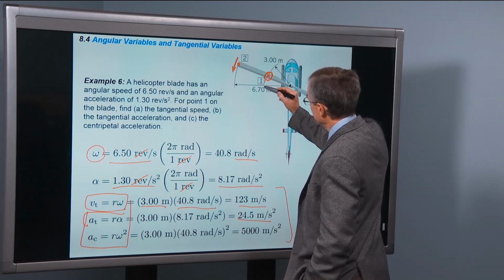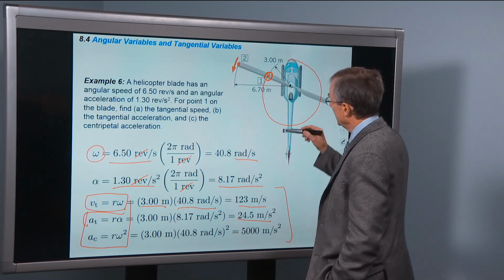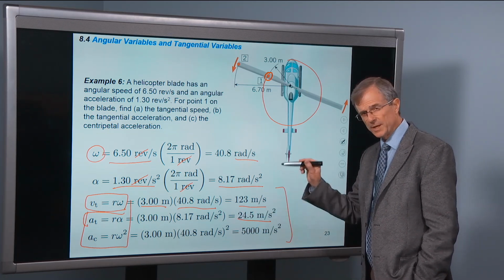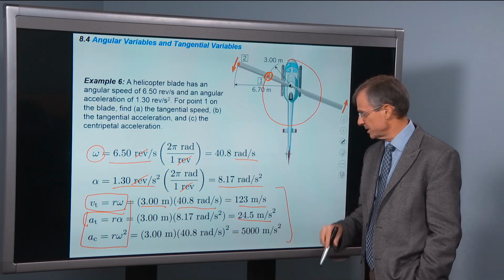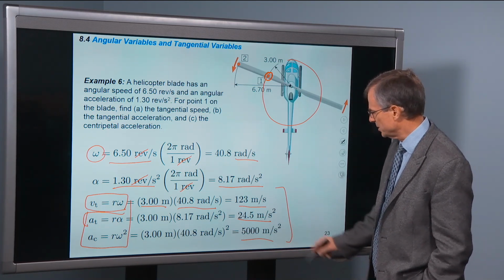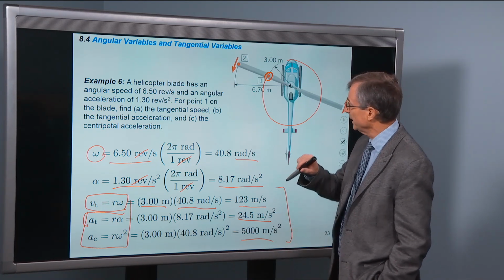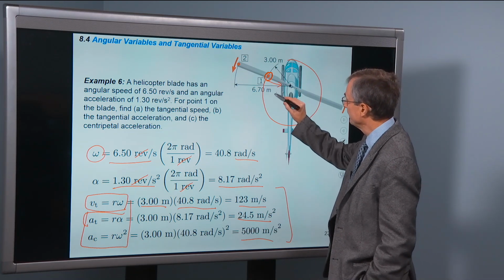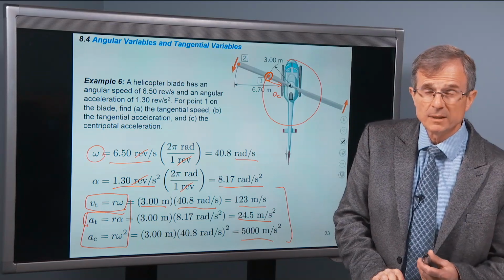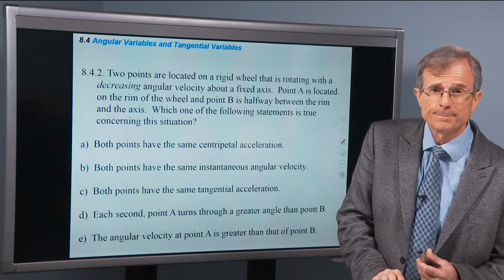It's going faster, faster, faster, faster, faster as it's moving around. That gives that linear acceleration of that point, tangential acceleration. And then finally, for the centripetal acceleration, it's huge. And that gives the inward pointing acceleration due to the fact that the velocity vector is changing direction.